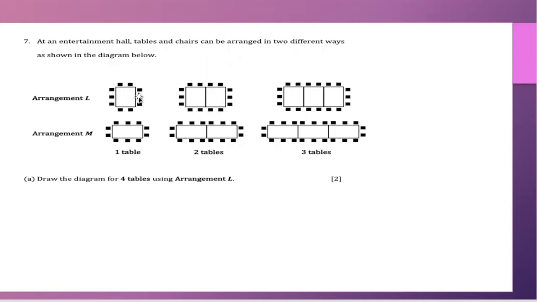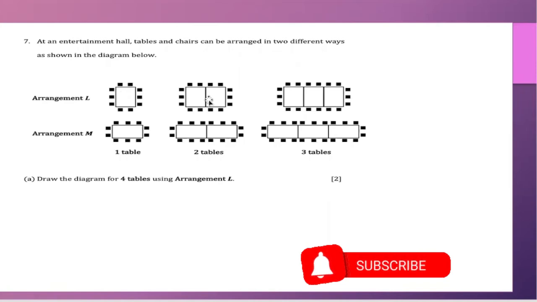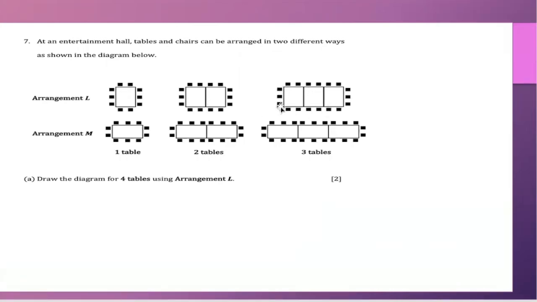The only thing missing is this side because we merged it. Looking at the next arrangement, you have three chairs, then the first one, because this side is being merged, just has two. And then we have the last one, two chairs and three.